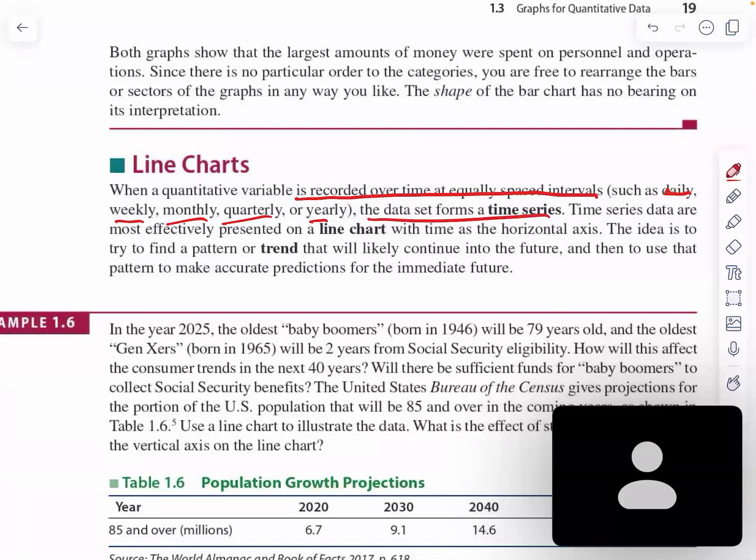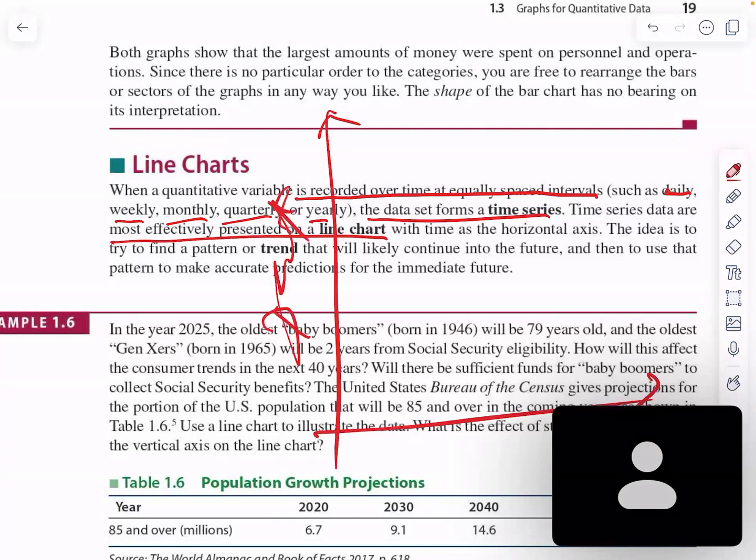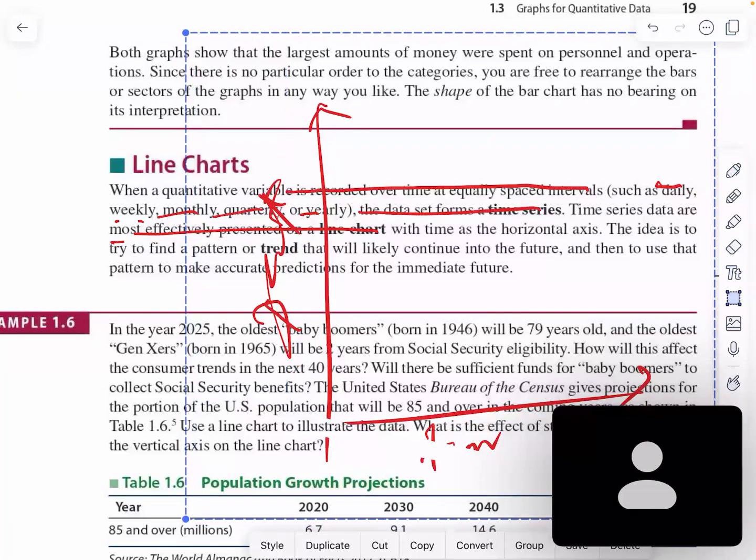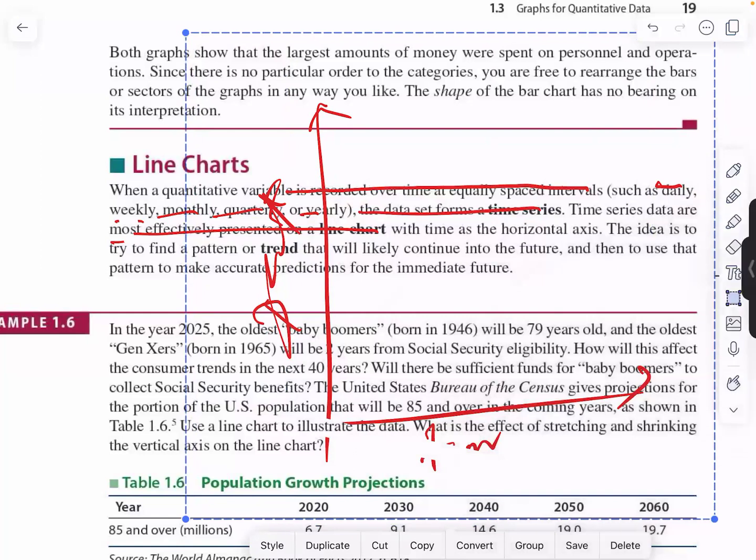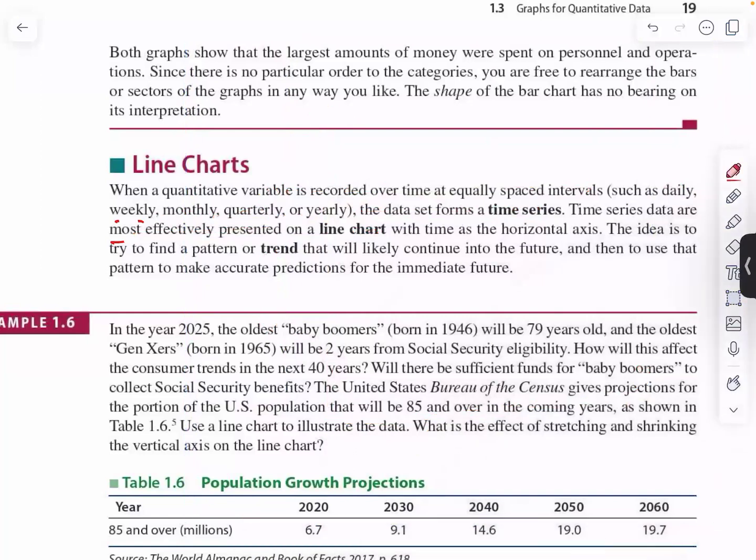Time series data can mostly be effectively represented on a line chart. So your data will be here and time scale will be here. Data vertical, time measure horizontal. So when you have time series data, line chart is very, very useful.